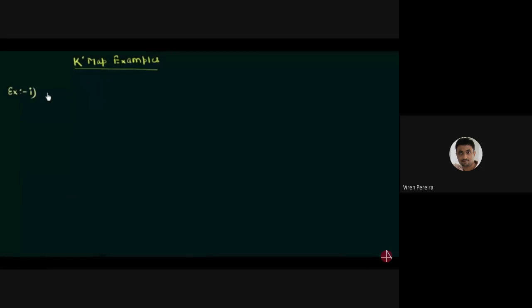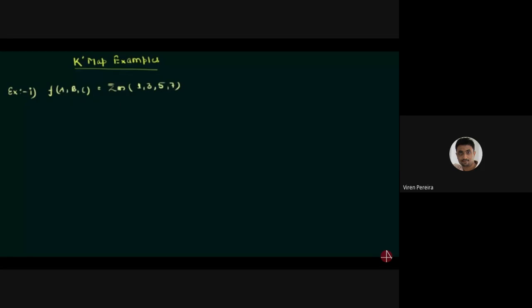So example number 1, I'm doing the example from 3 variables first, which will help you understand the topic in a much better way. We have A, B, C as the 3 variables, F equals summation of M 1, 3, 5, 7.